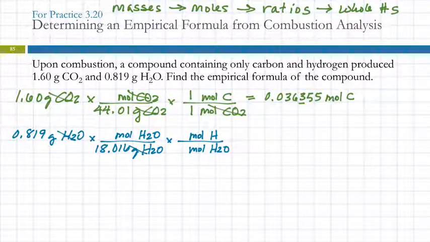How many moles of hydrogen are in 1 mole of H2O? 2. There's 2 moles of hydrogen atoms in 1 mole of H2O. And then those units. 0.819 divided by 18.016 times 2. So that's moles of hydrogen.